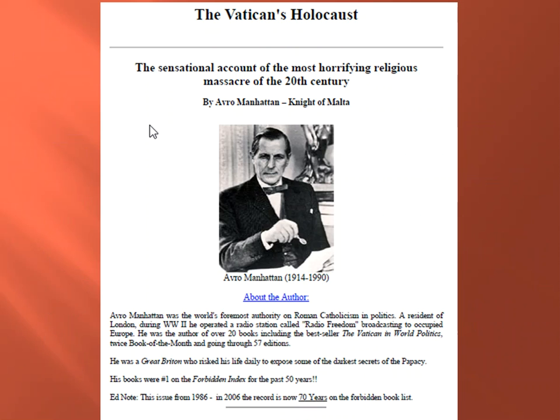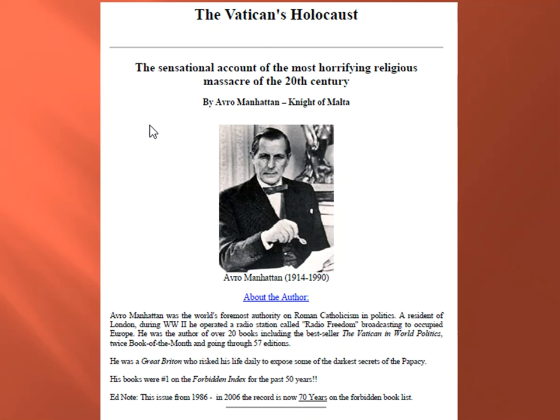This is actually a book called The Vatican's Holocaust, written by Avro Manhattan in the 30s. This is a sensational account of the most horrifying religious massacre of the 20th century, and I bet you haven't even heard about it.